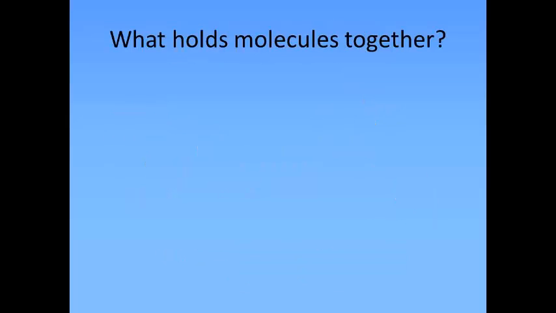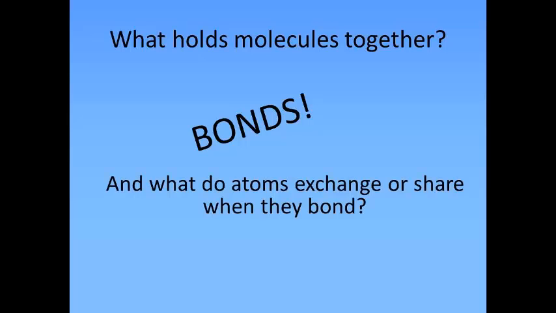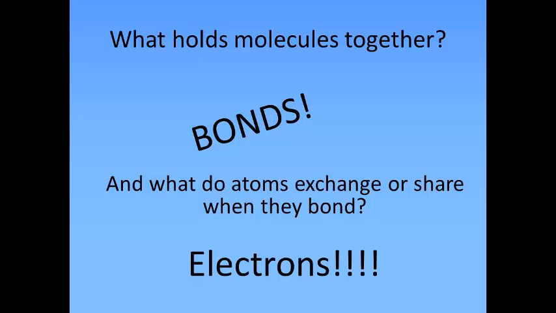So what holds molecules together? It is the bonds. And what do atoms exchange to share when they bond? They share or exchange, drumroll please, electrons. And remember, electrons are what all bonds are made of. It's the sharing or the giving of electrons between atoms that causes them to stay together.